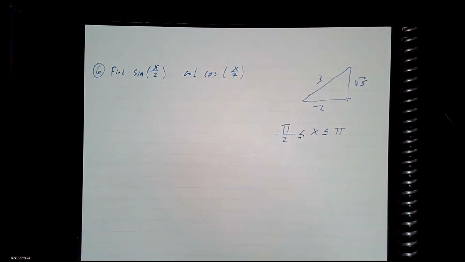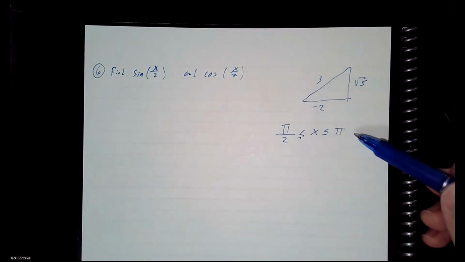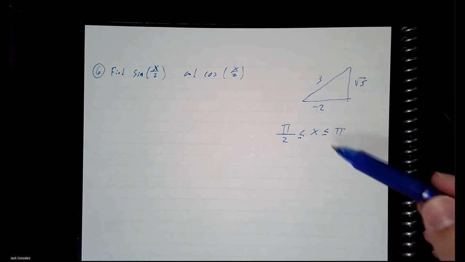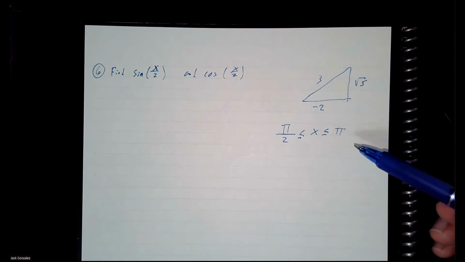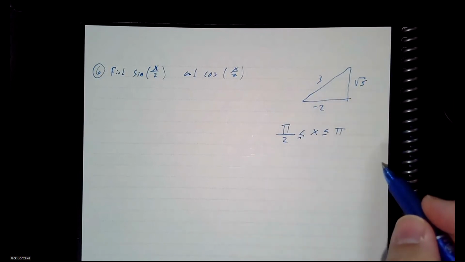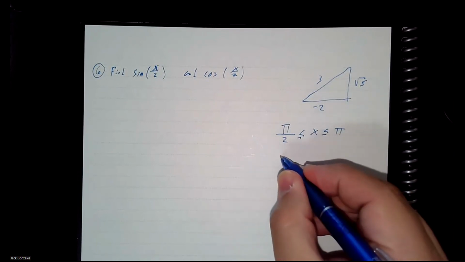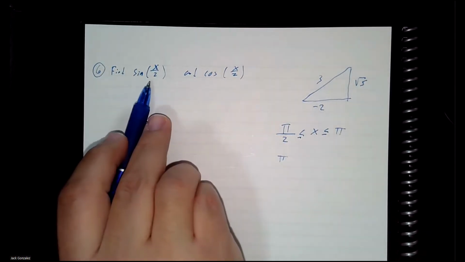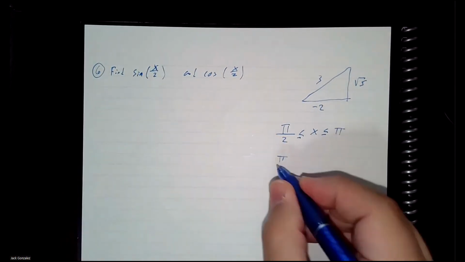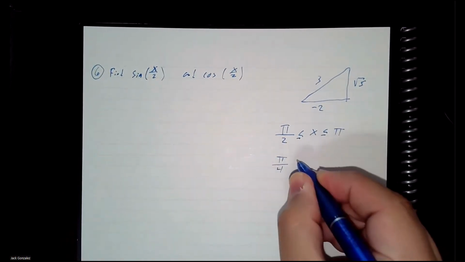To find those, they gave us cosine and they gave us the location, right? But if you divide everything by 2, half of this is a quarter, right? Because we're doing half angles, x over 2, then you should have an x over 2 over here. So in other words, divide everything by 2.